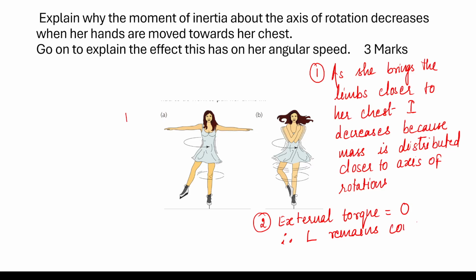Okay, so the angular momentum is constant. Fine, we got it. So if angular momentum remains constant, so third point, I decreases, omega increases.